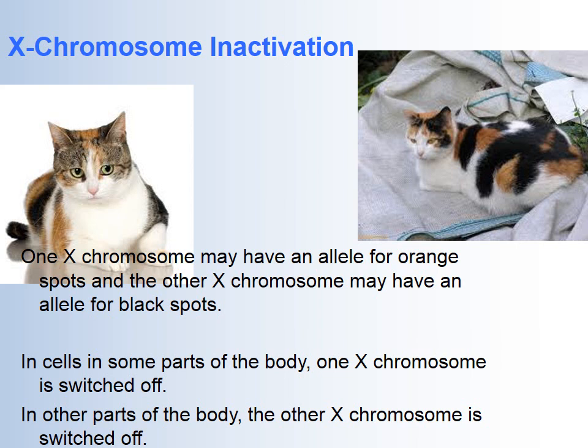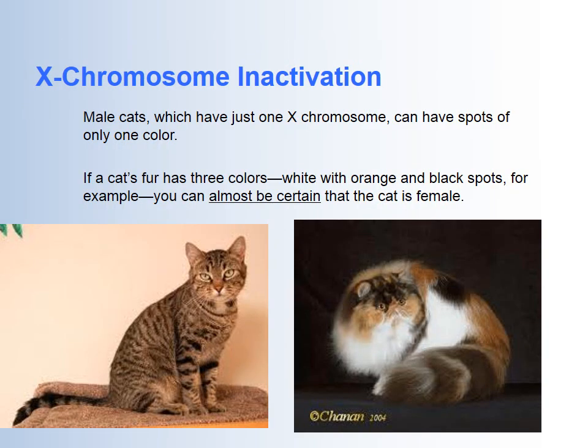For the most part, a calico cat would be a female. Males can still have spots of only one color, but you can be almost certain that if the fur of a cat is three colors, they're female.